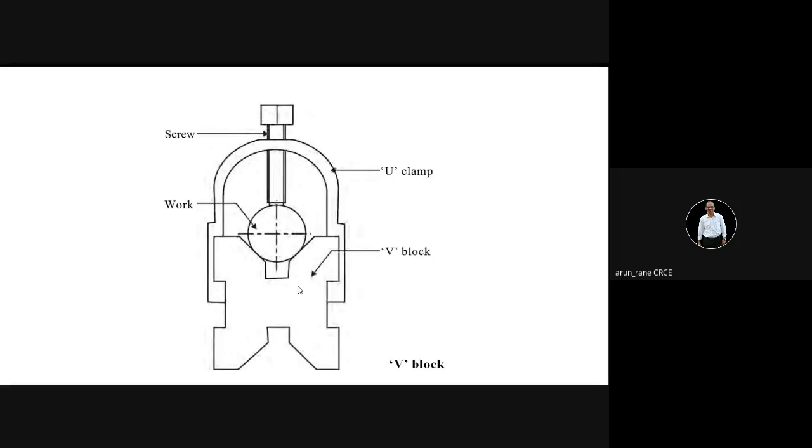EN stands for European standard, or the full form of EN is engineering steel. There are different standards like EN, ASTM, AISI, then BS and SAE. Generally, EN standards are used most commonly, followed by AISI, followed by SAE.